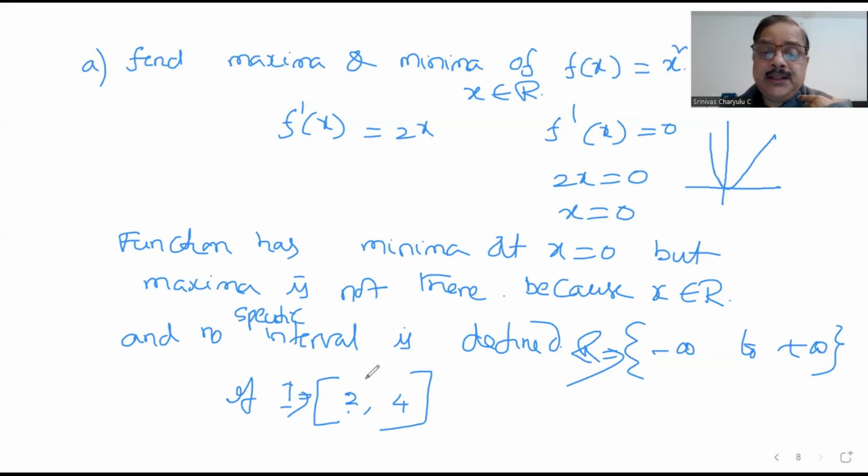So when the interval is defined, we will be able to find the maxima or minimum, because I can put these values and then find out. If the interval is not there, then you can only find out whether the function is passing through 0 or the origin, and what is the minimum value. Maximum value is right now infinitely going, therefore not defined.